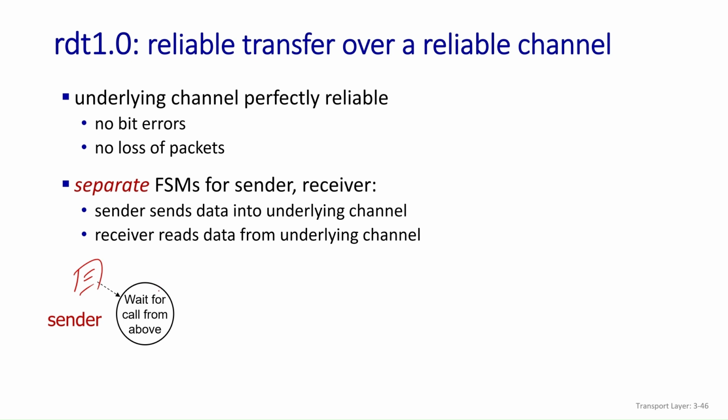So if there is a call, we take this transition. This is a reflexive, recursive sort of transition. If there is a call, the data from the application layer is passed to rdt_send.